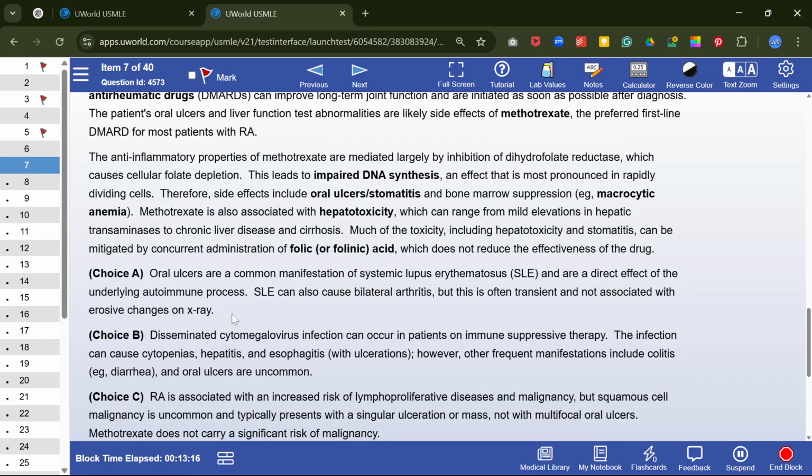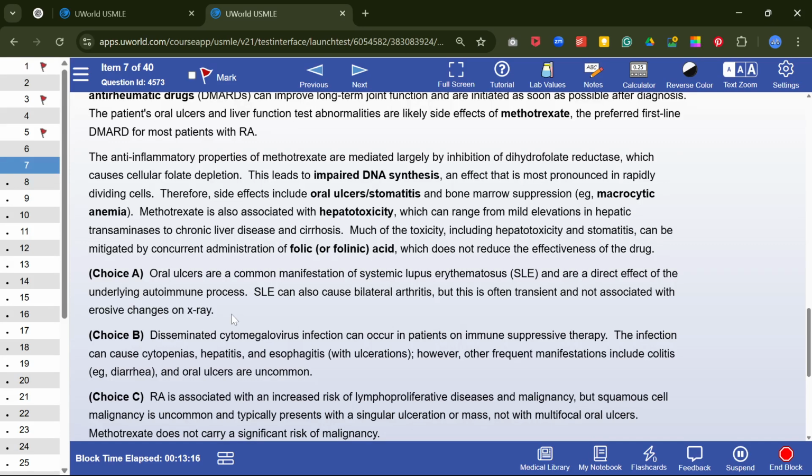The anti-inflammatory properties of methotrexate are mediated largely by inhibition of dihydrofolate reductase, which causes cellular folate depletion. This leads to impaired DNA synthesis, an effect that is most pronounced in rapidly dividing cells. Therefore, side effects include oral ulcer, stomatitis, and bone marrow suppression, macrocytic anemia.